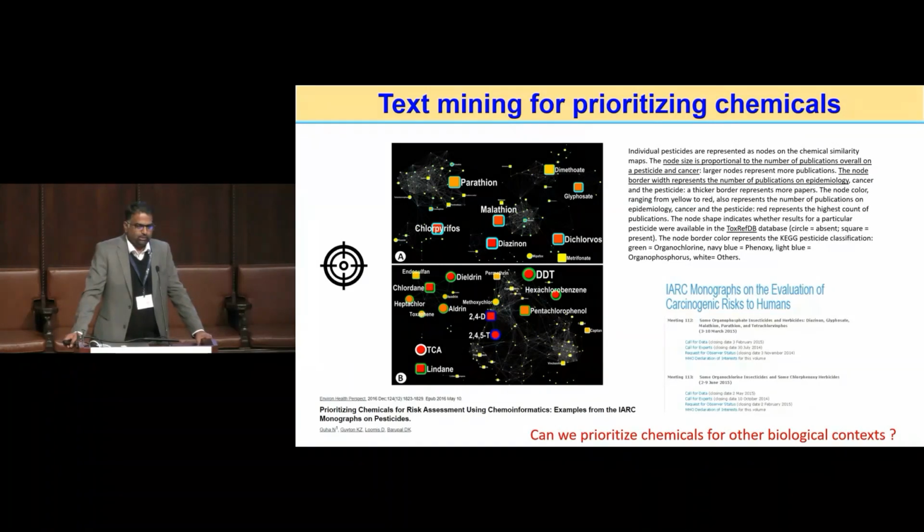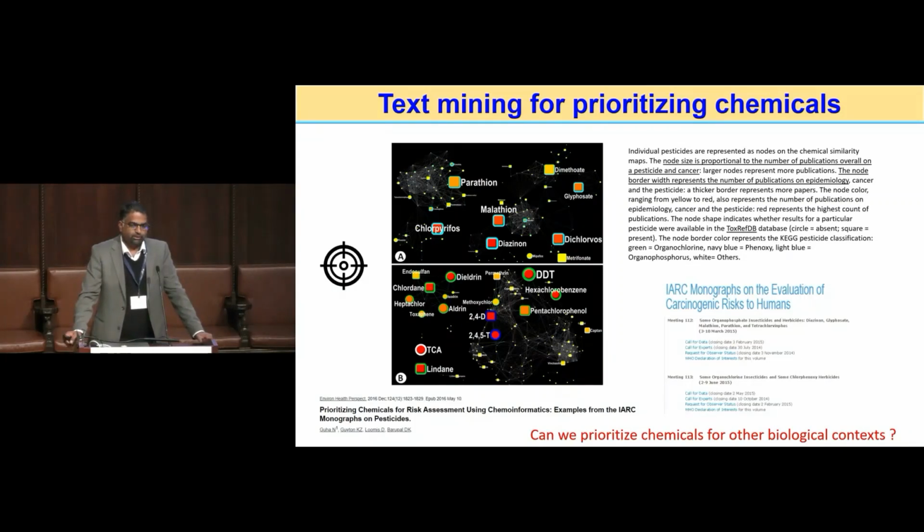The analysis included almost 1,000 chemicals, but here we look at 2 major chemical classes. Based on this analysis, IARC monograph organized 2 meetings, 112 and 113, on selected pesticide agents.